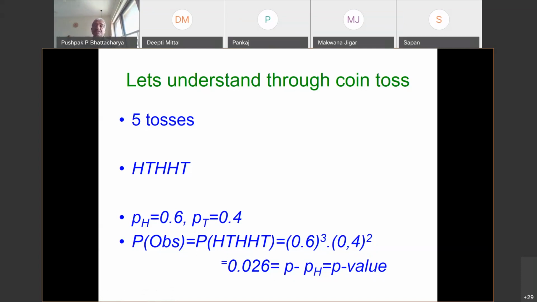Okay, so this is an analogy which I am using to help us understand the concept of p-value and the test of hypothesis. If the data is true, your probability value for head and tail cannot be anything other than 0.6 and 0.4 if the maximum likelihood principle is true and the data is true.